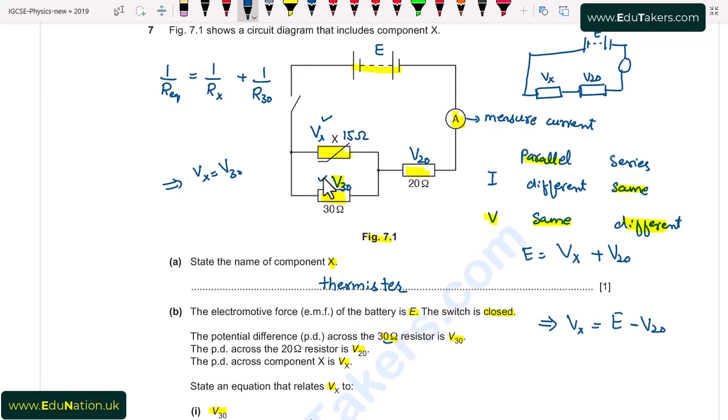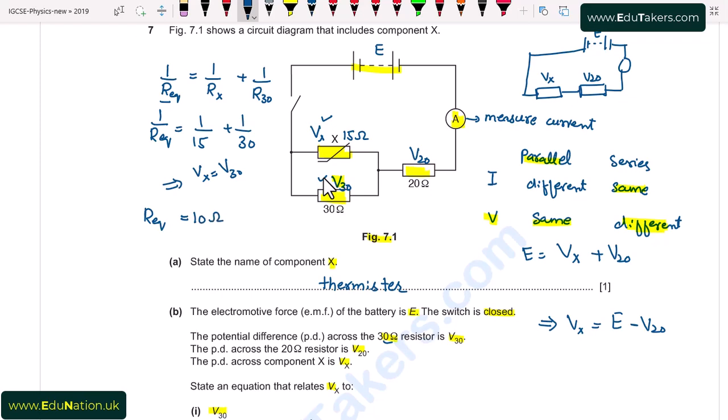So first of all we have to calculate R equivalent. 1 over R EQ will be equal to 1 over Rx, which is 15 ohms, plus 1 over R30, which is 30 ohms. So when we simplify this, R equivalent comes to be 10 ohms.